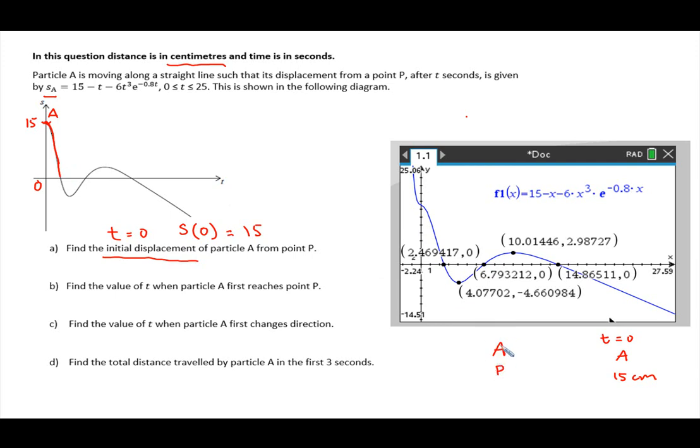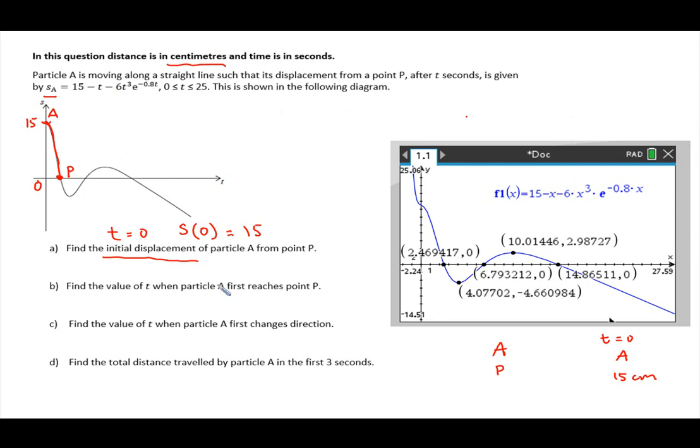When A and P are in the same spot, that means displacement is 0. So that means that point P is right here. This is important to understand for this question: how to interpret the information and understand what's happening to the particle compared to the fixed point.